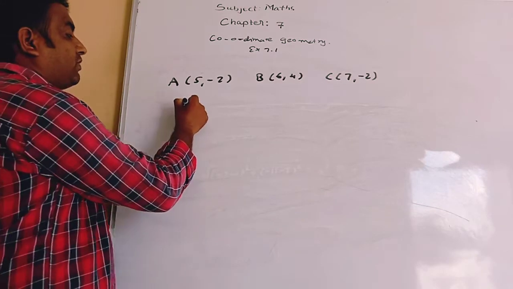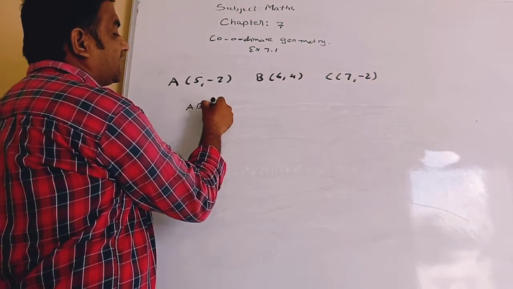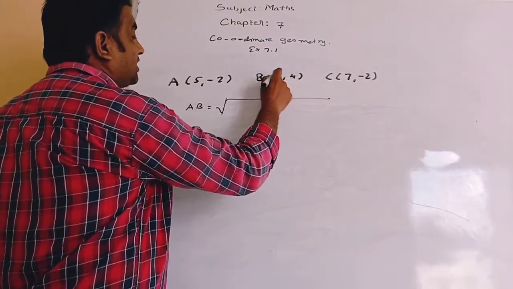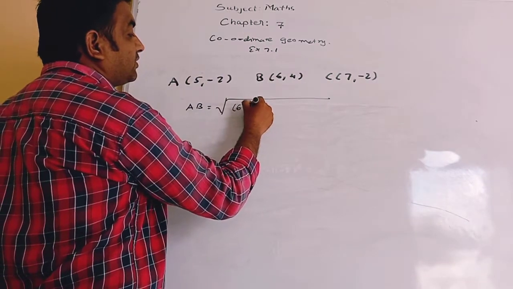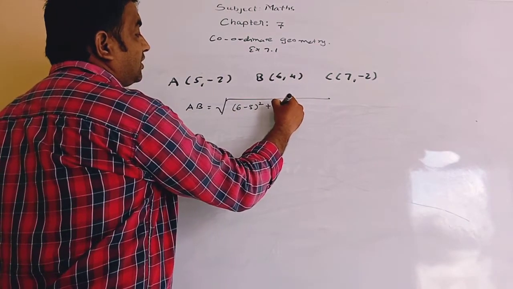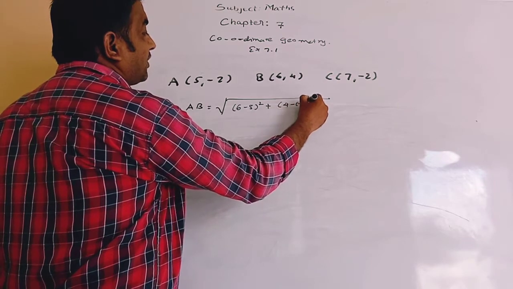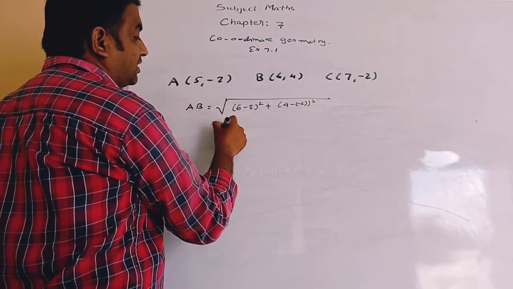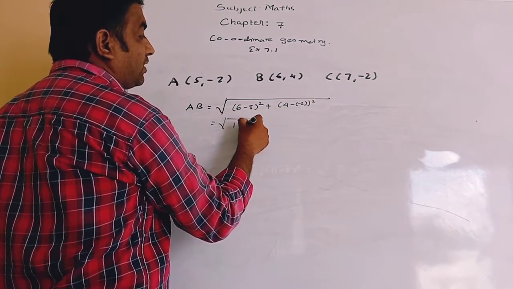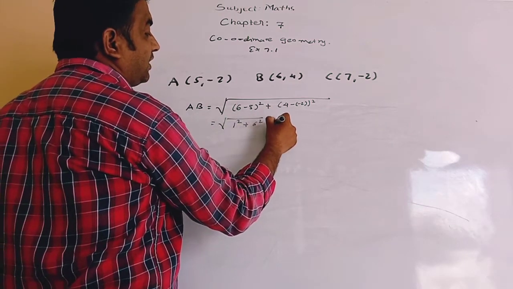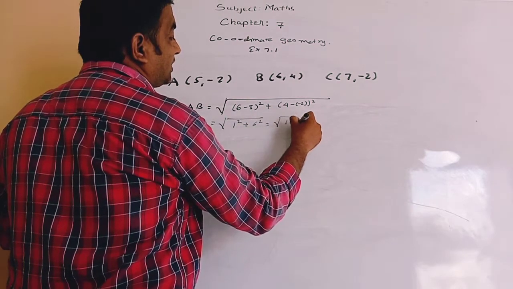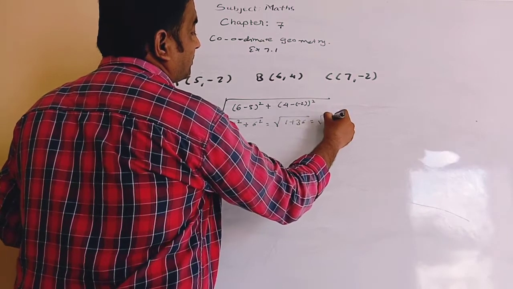First we find AB by the distance formula: square root of (6 minus 5) square plus (4 minus minus 2) square. So (6 minus 5) square is 1 square, plus 6 square, that is 1 plus 36, root 37.